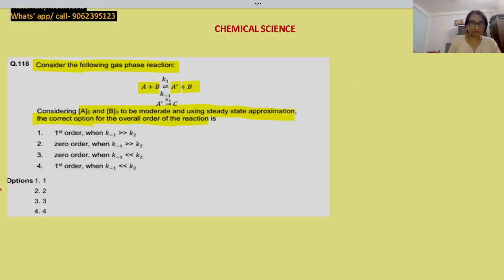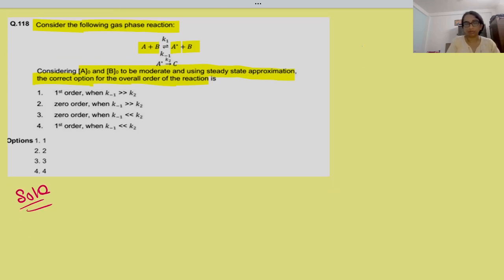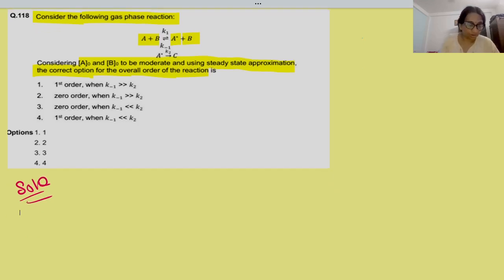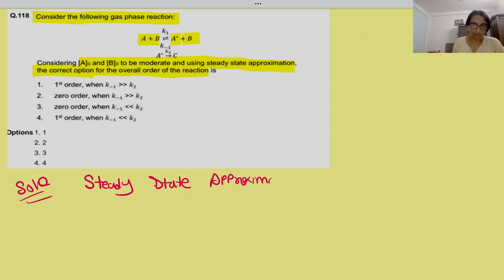In this question, they are asking about the steady state condition. So how do we find the steady state condition if a reversible reaction is given? According to reaction kinetics, first we will write how to calculate the steady state approximation.